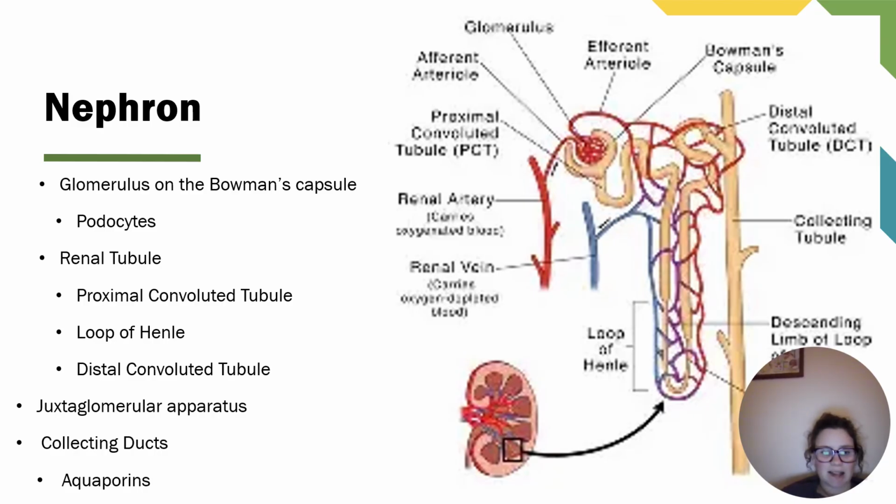And lastly, you have your collecting ducts, which are not part of the nephron, but are connected to the nephron, and so I wanted to add it on this slide. It is lined with aquaporins, which allow water to pass from the duct lumen through the cells and into the interstitial spaces.